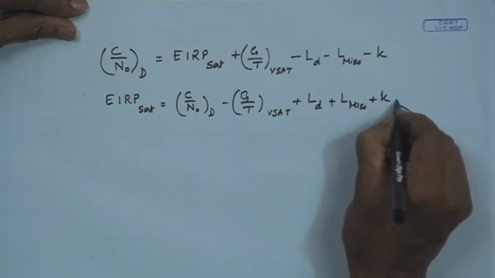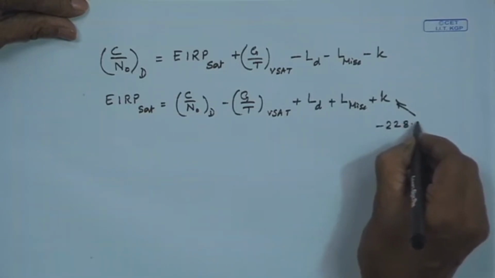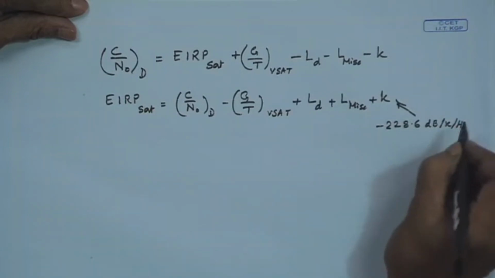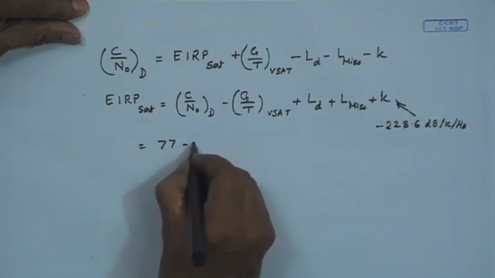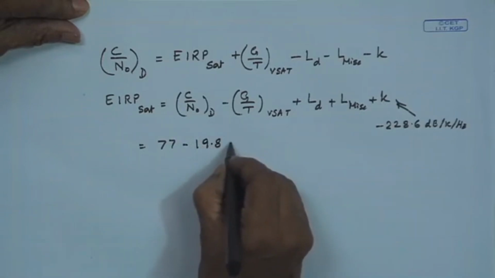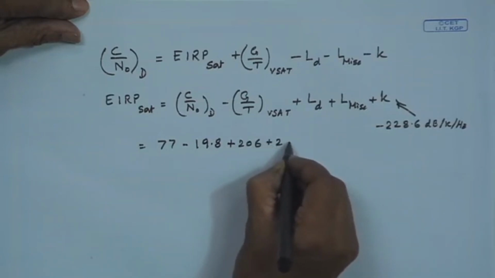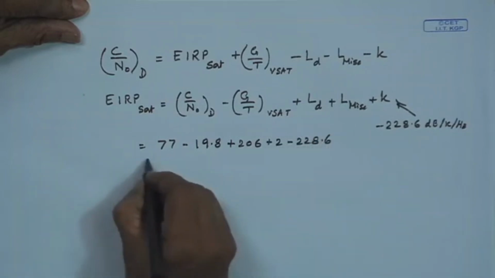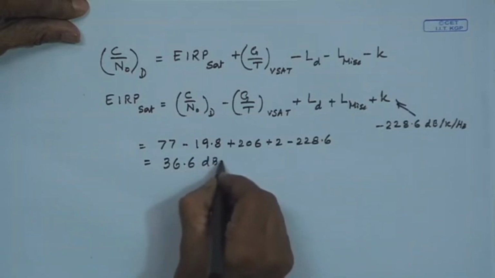Now this value k, if you remember, is minus 228.6 dBW per K per hertz. So if you put the numbers, 77 minus 19.8, if I recollect correctly, this was 206, this was 2, and then minus 228.6, that gives a number as 36.6 dBW.